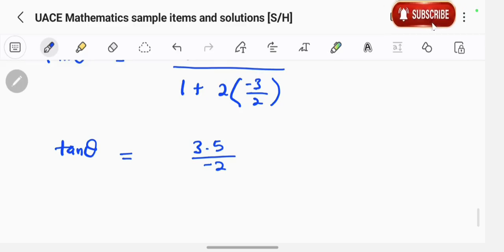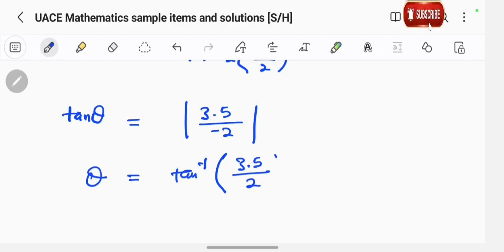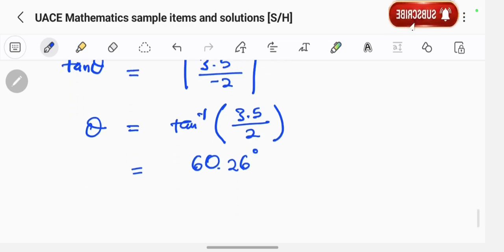So we are going to treat this as absolute. It means that that negative is going to be made inactive, such that at this point of finding theta, I'm only going to bring in the positive value of that, which gives us 60.26 degrees.